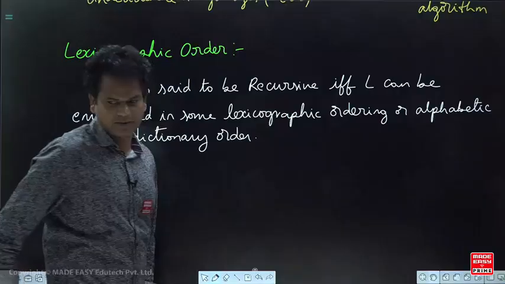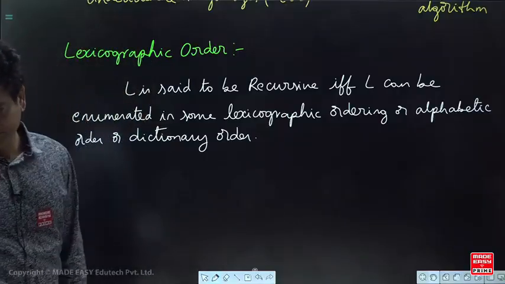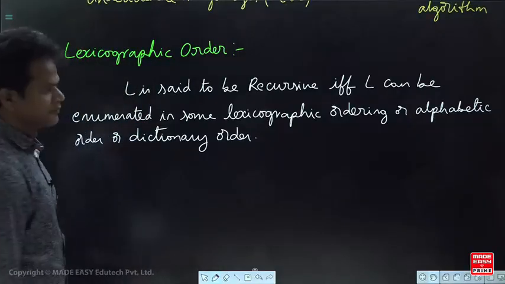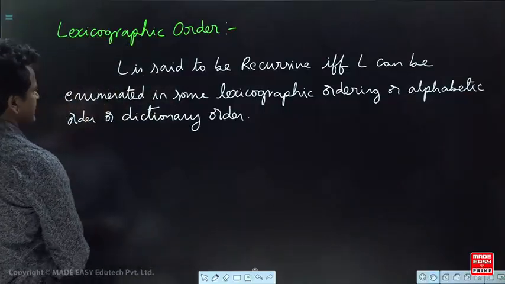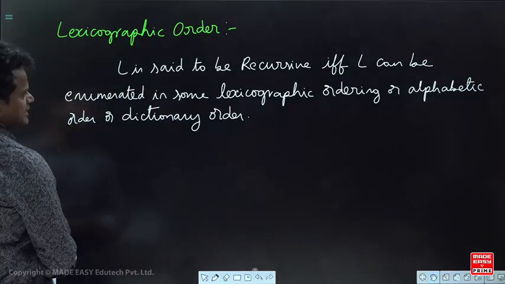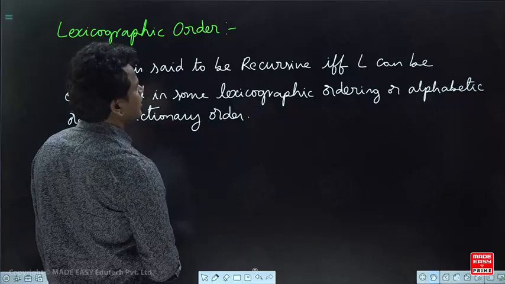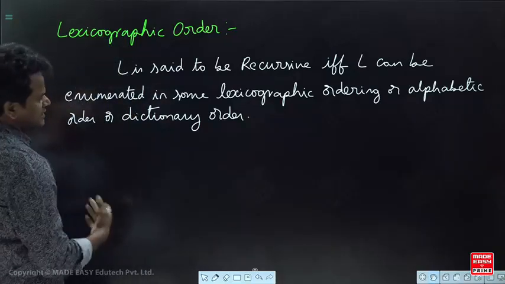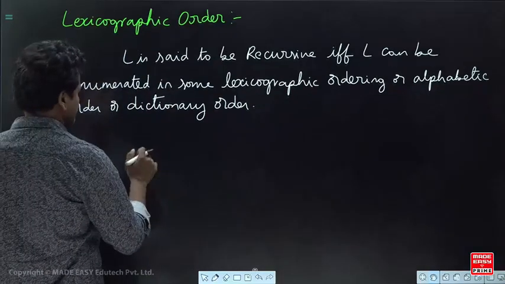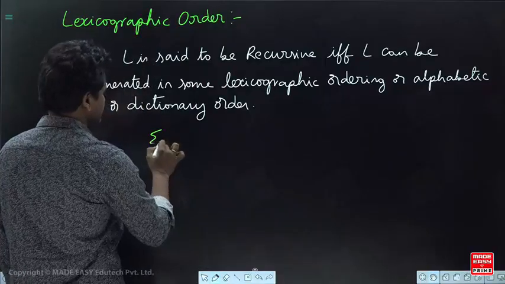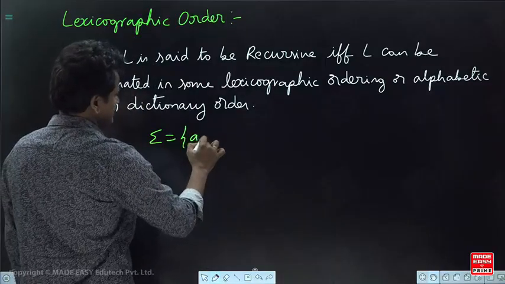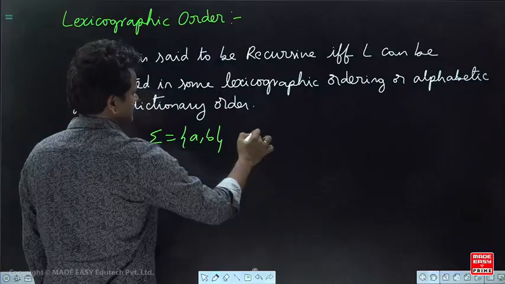Now, for example, sigma equal to {a, b}. So what is sigma star?